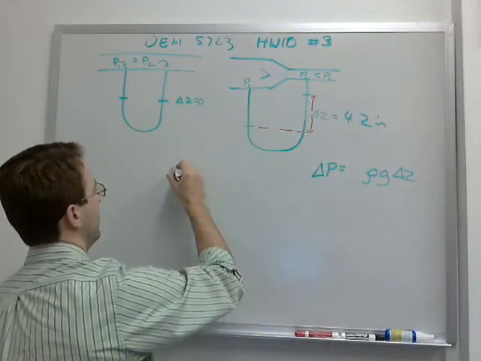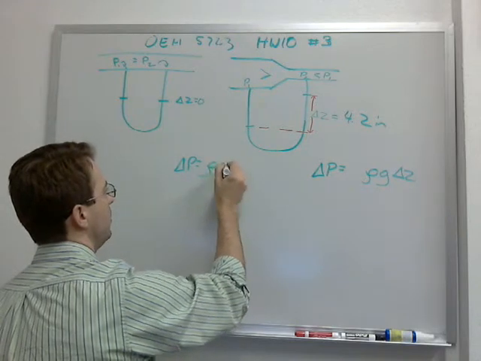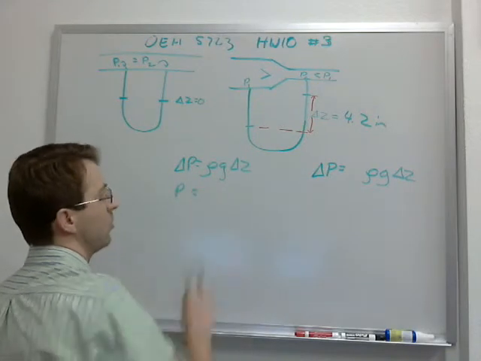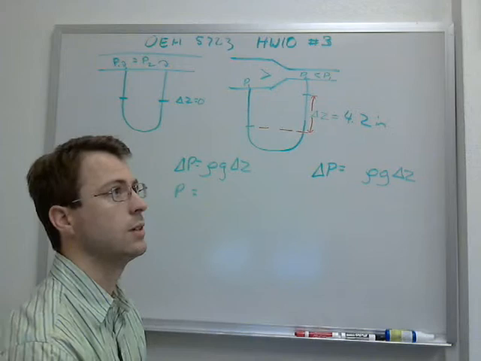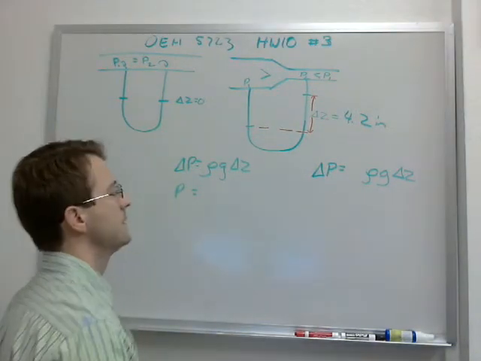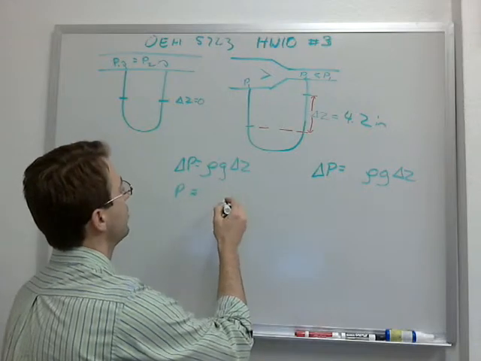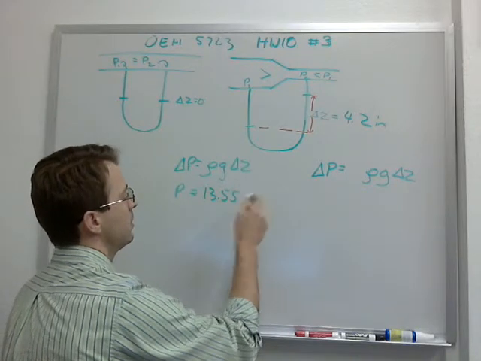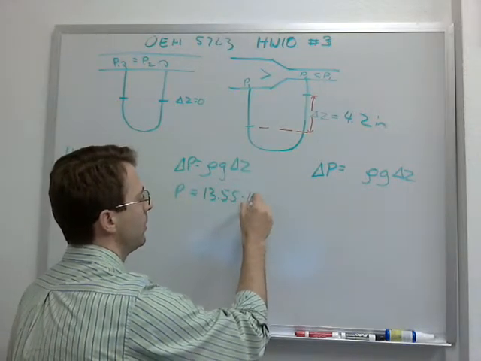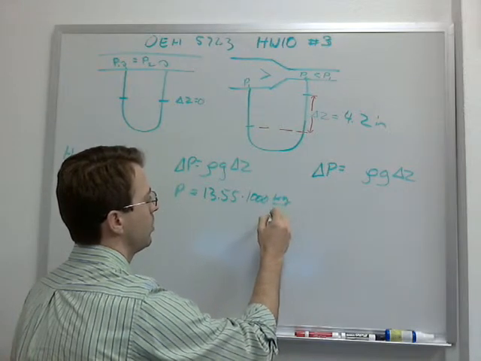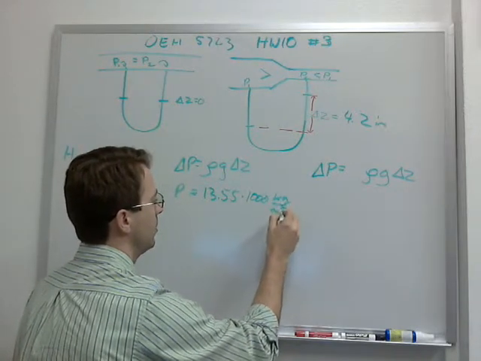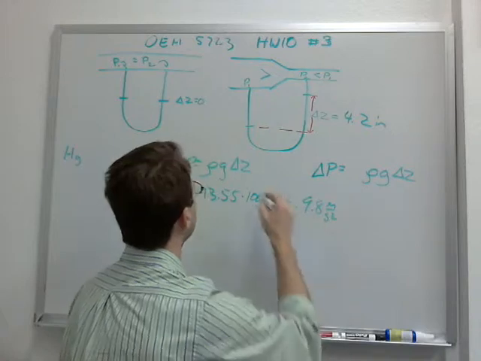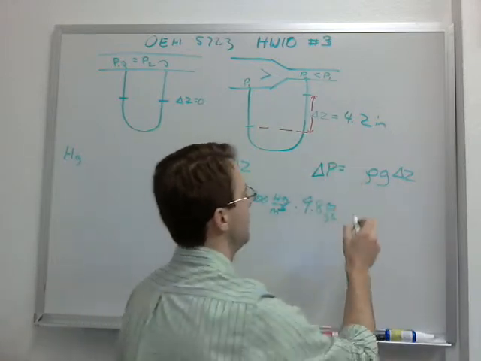So our delta P equals rho g delta Z. For mercury, that would be 13.55 times that of water, and water is 1,000 kilograms per cubic meter. Force of gravity is 9.8 meters per second squared, and then our height is 4.2 inches.